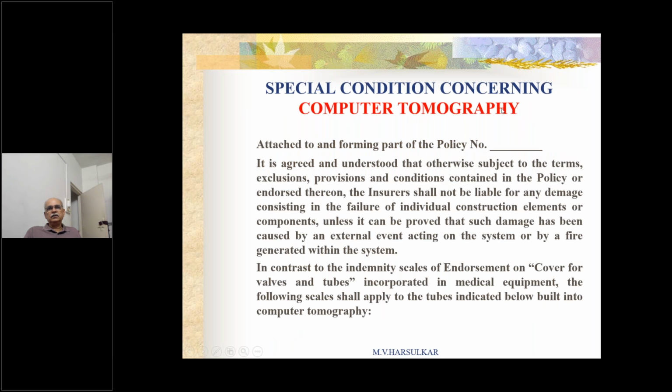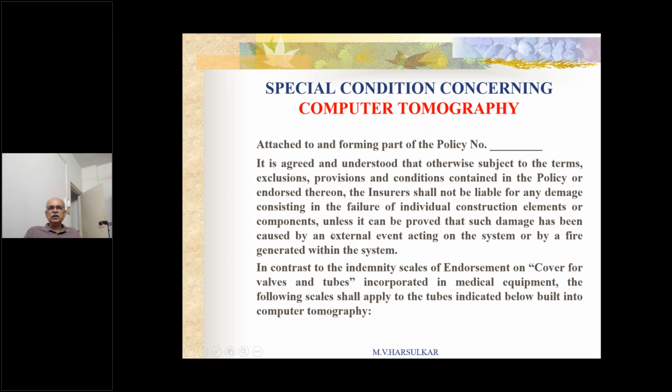And CT scanner. So here again, the insurer shall not be liable for any damage consisting in the failure of individual construction element or components, unless it can be proved that such damage has been caused by an external event acting on the system or by a fire generated within the system.